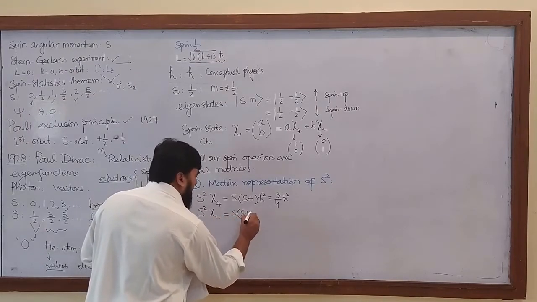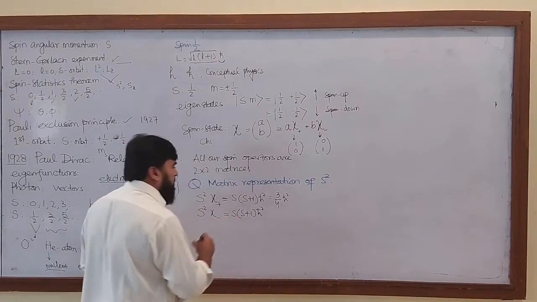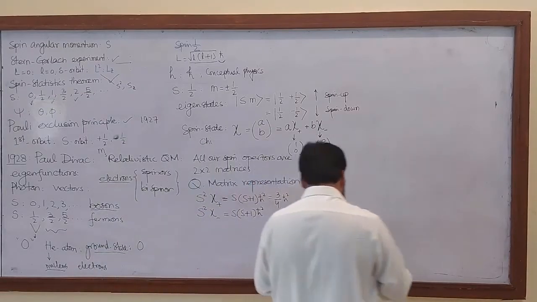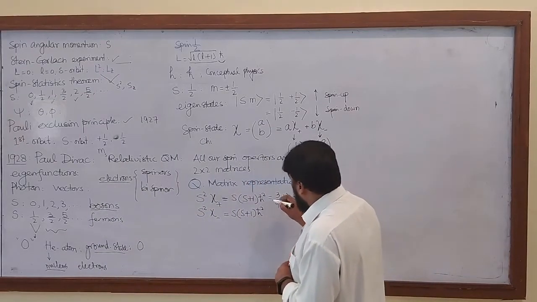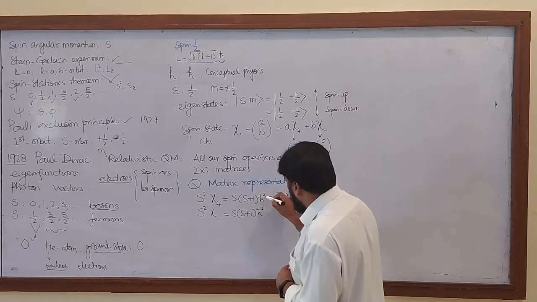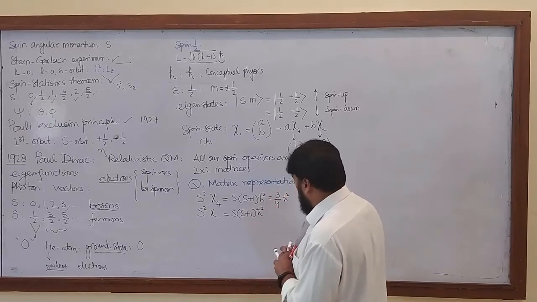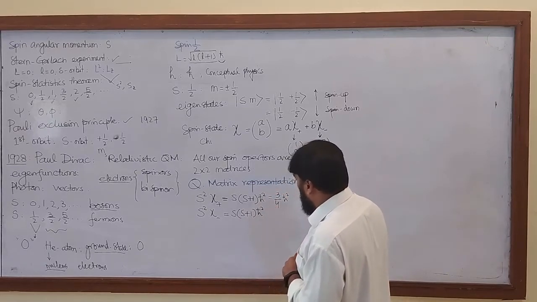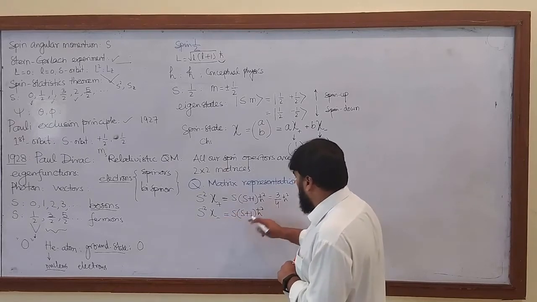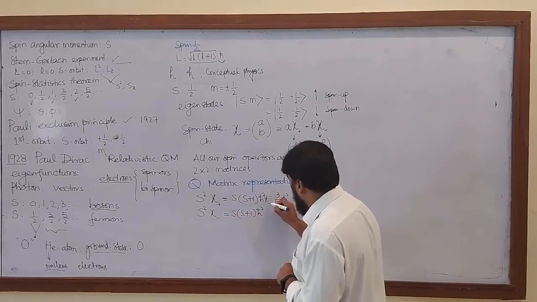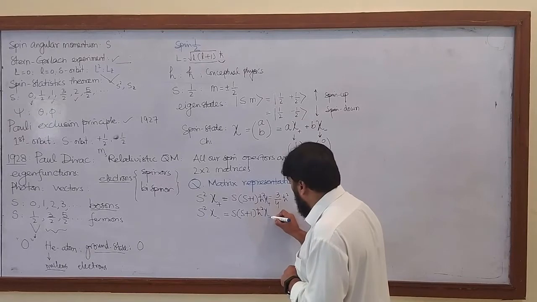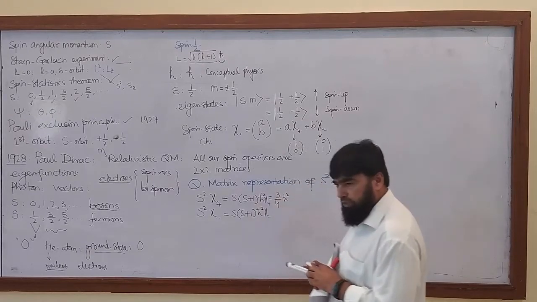Again it will be S into S plus 1 h bar square. And okay, one thing I forgot, here I will have to write chi plus. Here will be S square, so the S square value is this one. Here will be chi plus and here will be chi minus.